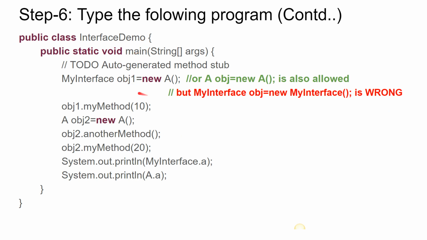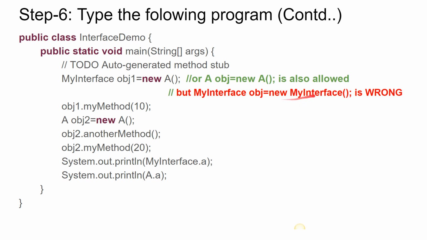Here we are creating the object of class A, an instance of class A, new A, and obj1 is declared as MyInterface. So either you can write like this, or you can write like this, A obj2 equals new A. But a very important point, please make a note of it: we cannot create an instance of an interface.